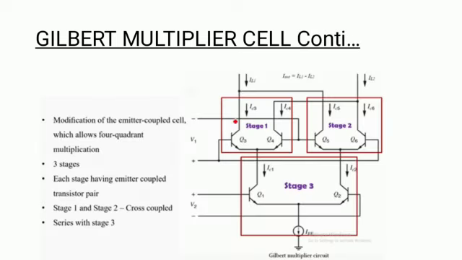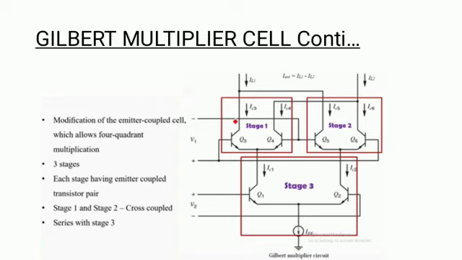Here is the circuit of the Gilbert multiplier cell, and it consists of three different stages, with each stage having a pair of transistors. All these stages are emitter coupled transistor pairs, with cross coupled stage 1 and stage 2 in series with stage 3. Let us move on to the analysis of the circuit.